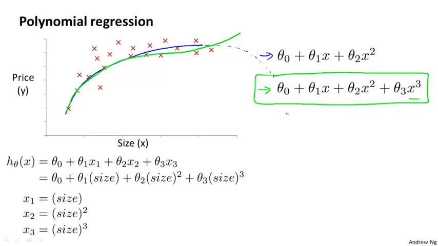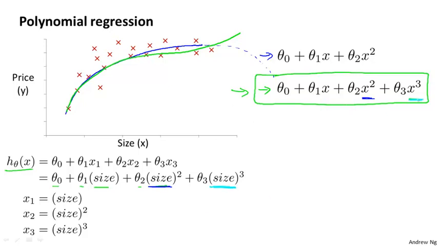And if we want to fit this cubic model that I have boxed in green, what we're saying is that the predicted price of a house is theta 0 plus theta 1 times the size of the house, plus theta 2 times the square size of the house, so this term is equal to that term, and then plus theta 3 times the cube of the size of the house, right?